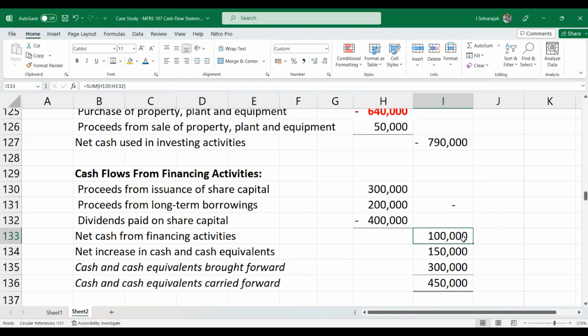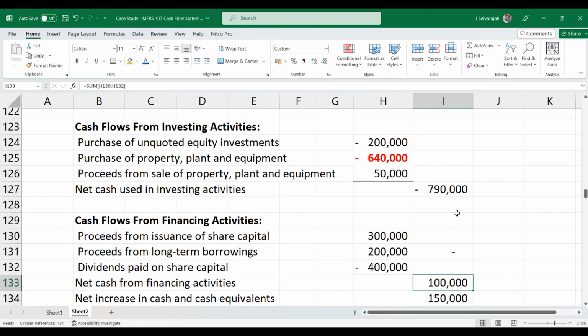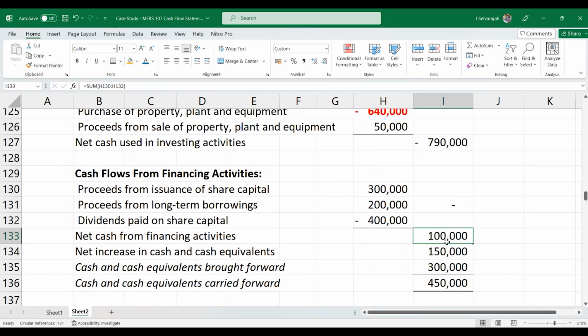So if you add up all of these, 840 minus investing 790 plus financing 100, you will get a net increase in cash and cash equivalent of 150,000. Now, that's for the year.